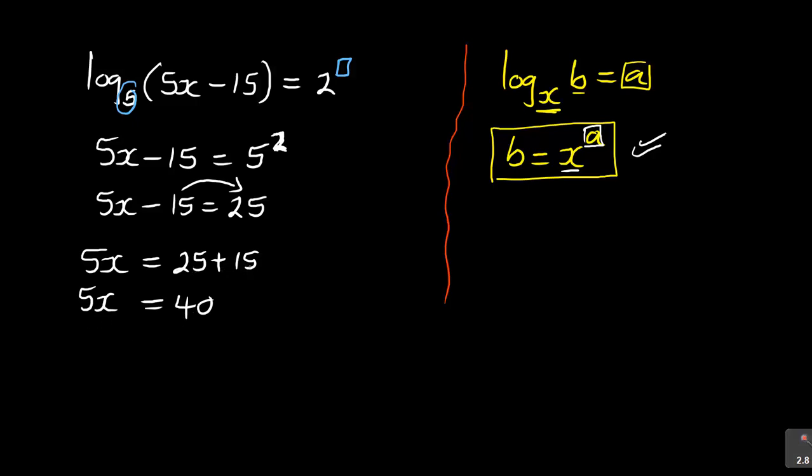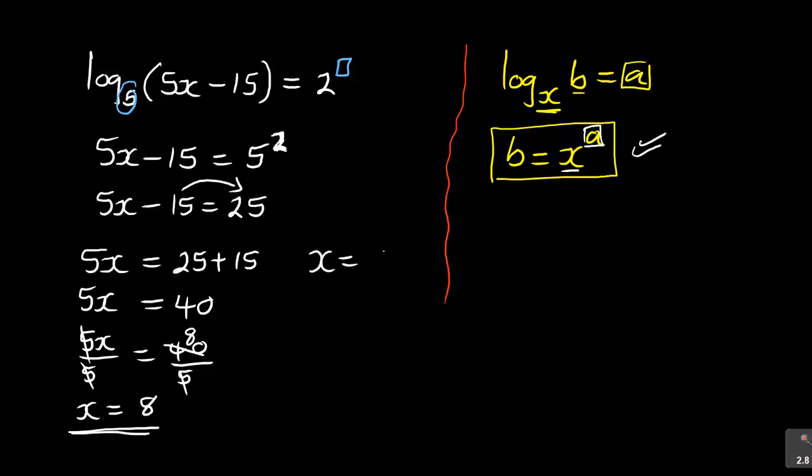Remember, 25 plus 15 is 40. Then at this stage, it's 5x, I divide by 5 is equal to 40. You also divide by 5. And what we have, our x is equal to 5 into 40 is 8. So here, x is equal to 8.